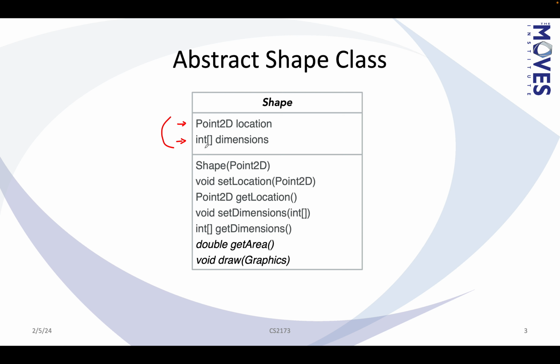Okay, so now keeping in mind that the dimensions might be different for the other ones, when I create one of these things, I need to at least give it where it's going to be, and so I'm going to have a setter and a getter for those, and a setter and a getter for my other ones.